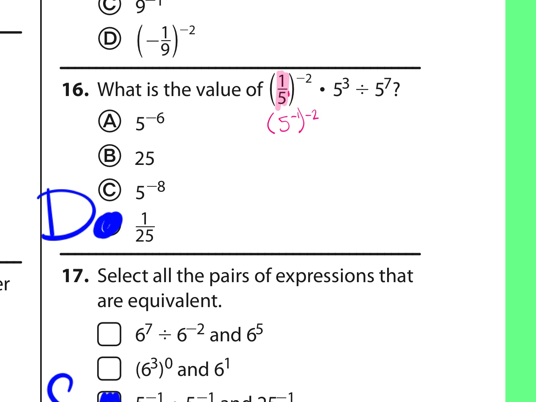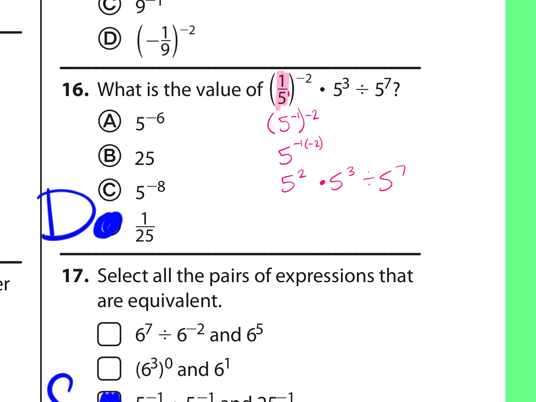So I'm going to go through and use my exponent rule, which says when I have a power raised to a power, I'm going to multiply the exponents. And so I get 5 to the 2nd power here. Let me bring down the rest of this. We get times 5 to the 3rd power divided by 5 to the 7th power.